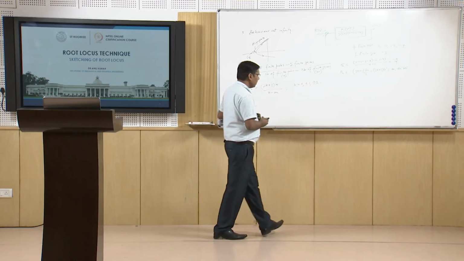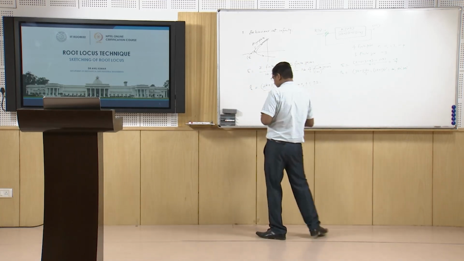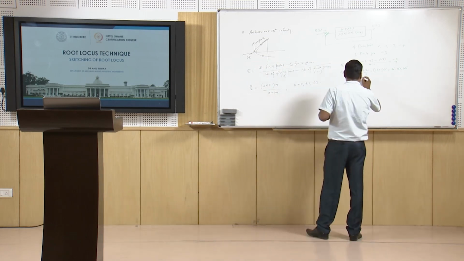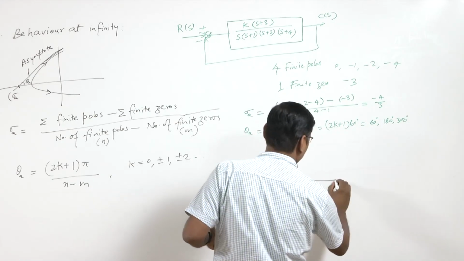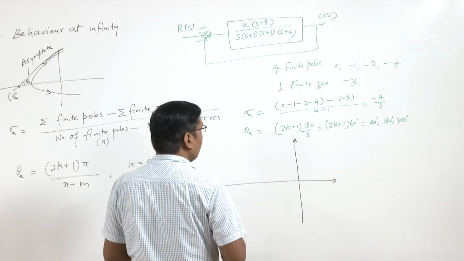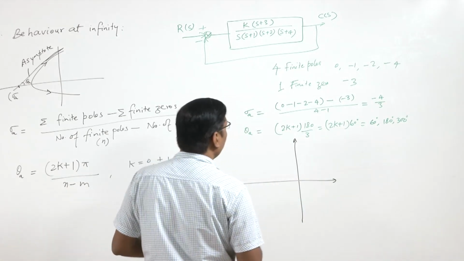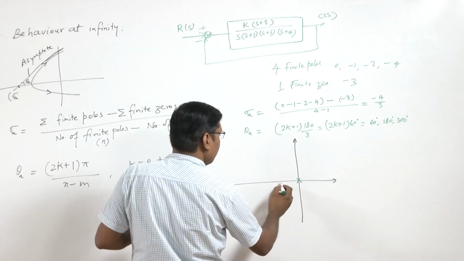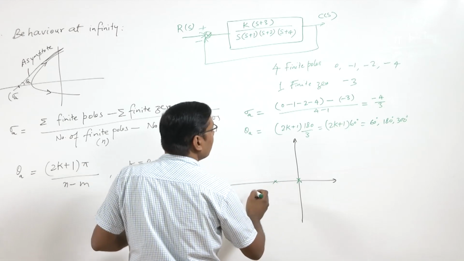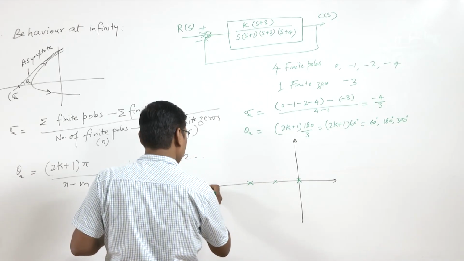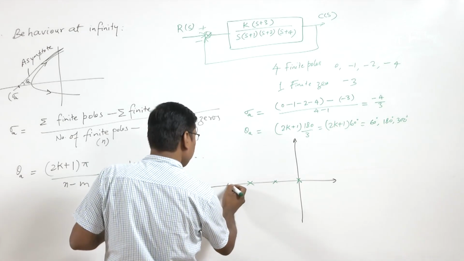So if we see on the S plane, we can represent the poles at 0, -1, -2 and -4, and the zero is at -3.